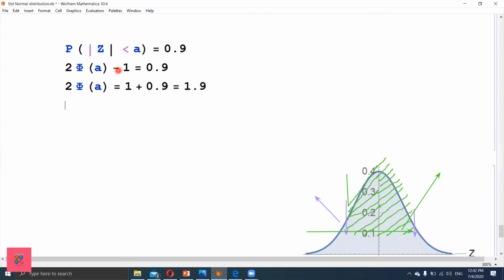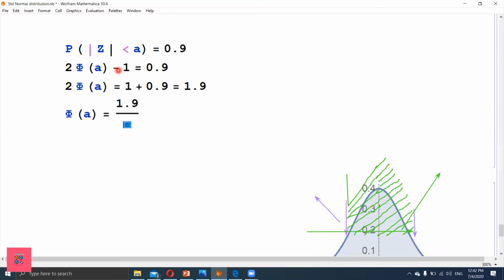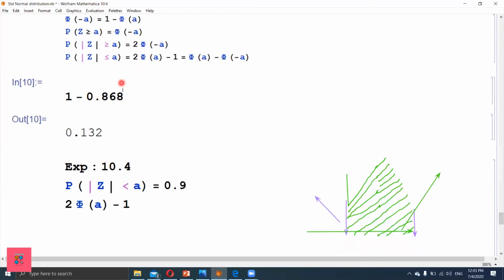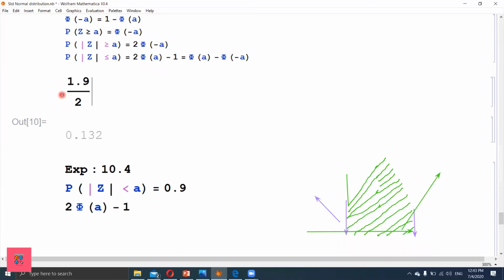Now in the next step, phi of A is equal to 1.9 divided by 2, which is equal to 0.95.